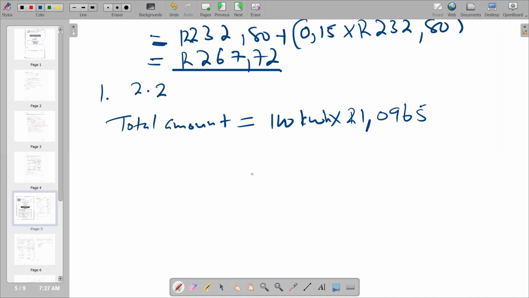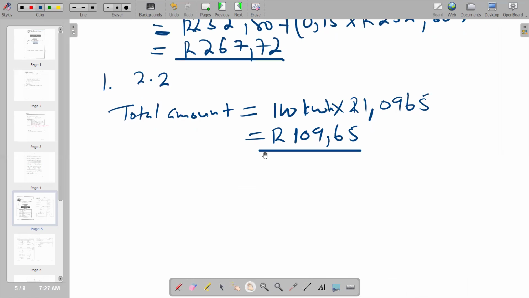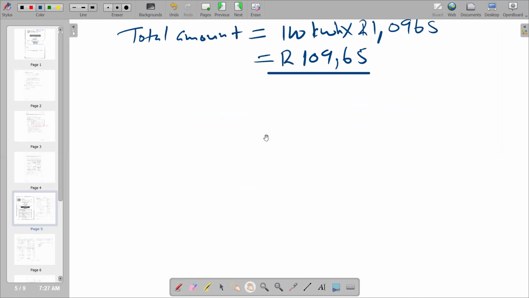Then if you calculate, you see that your answer is 109.65 cents. So this is what we have on that part.